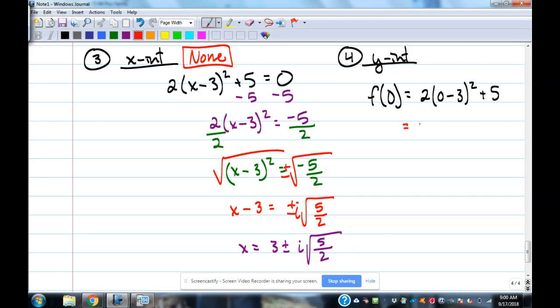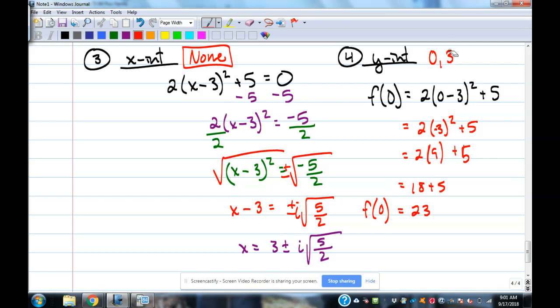So 2 times negative 3 squared plus 5, so that'd be 2 times 9, which is 18, plus 5, 23. 0, 23. There's our y-intercept.